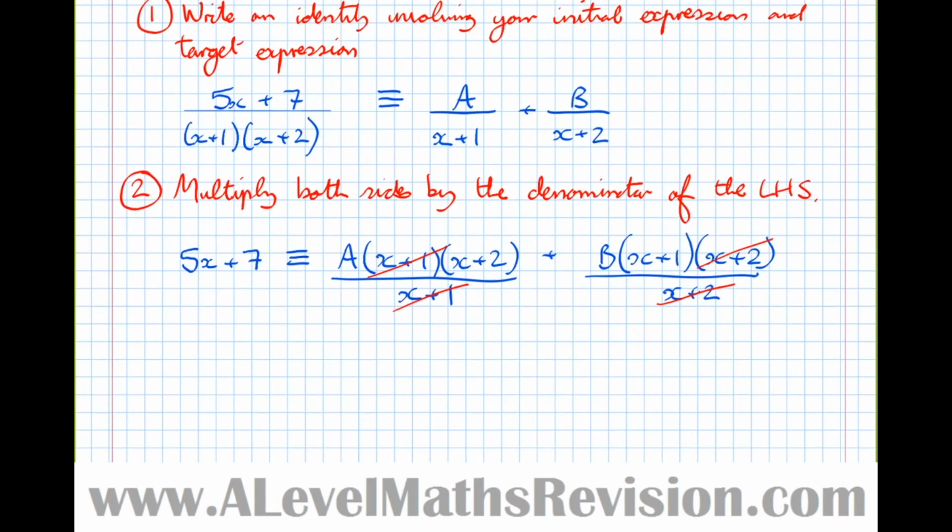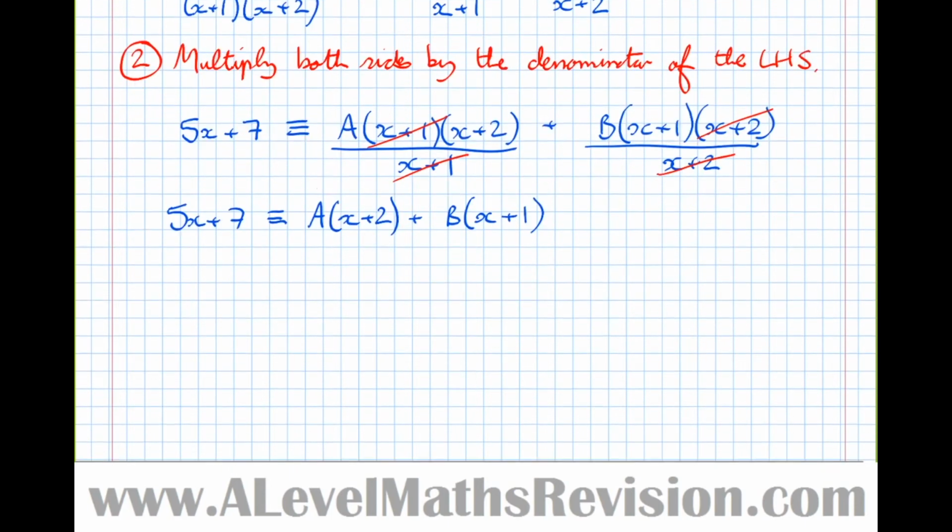So we can tidy this up a bit now. 5x plus 7 is identical to A(x plus 2) plus B(x plus 1). And truth be told, this step here we don't need to write really. It was just for illustrative purposes, for teaching. If you can do the cancellation in your head, feel free to. It's common practice not to put that line of working with the crossings out on.